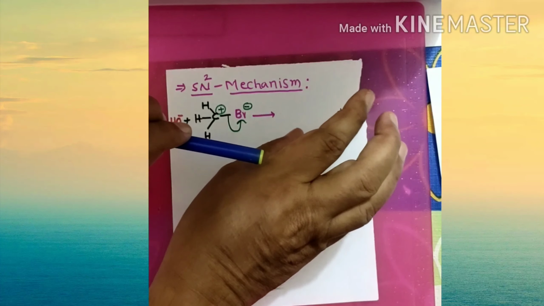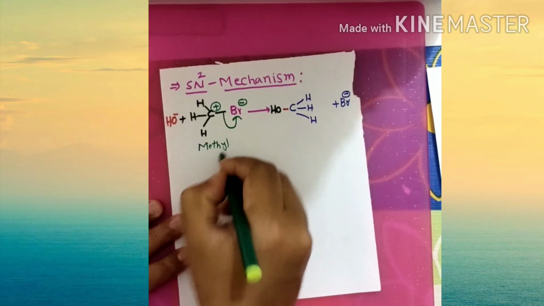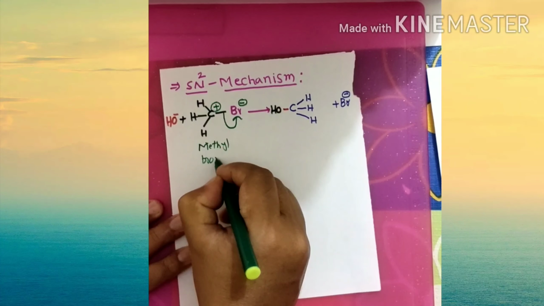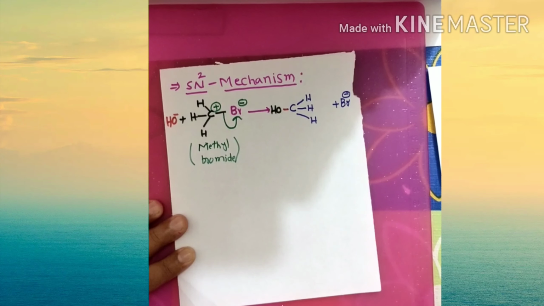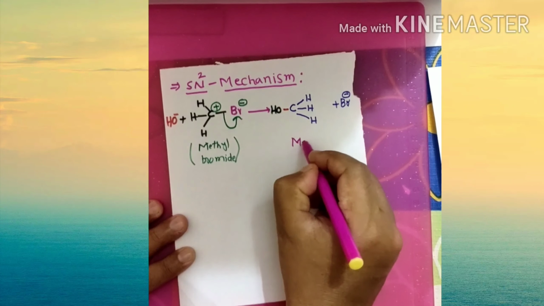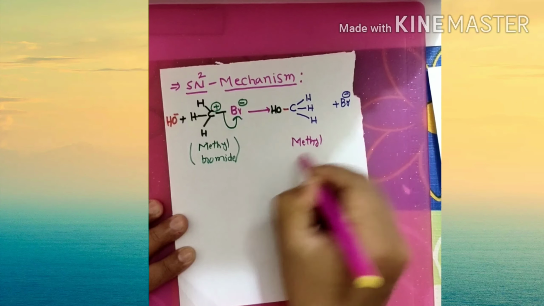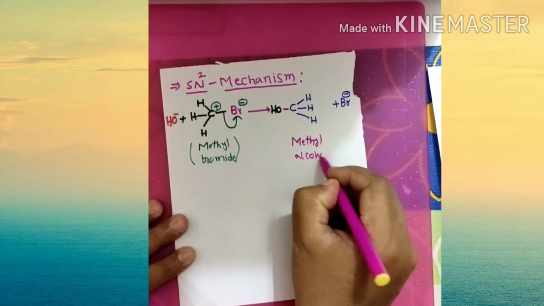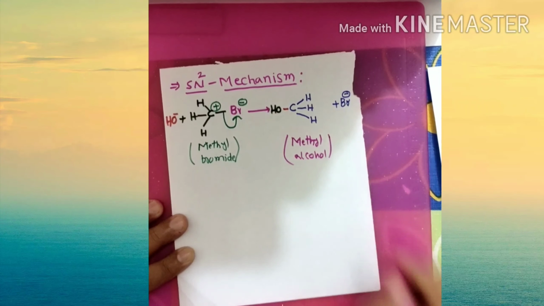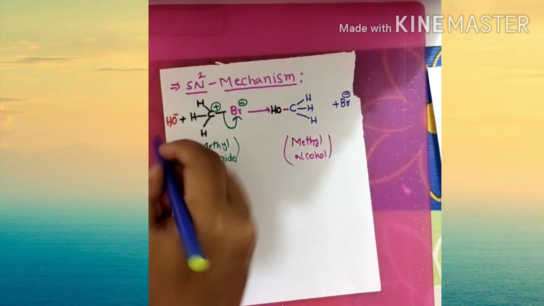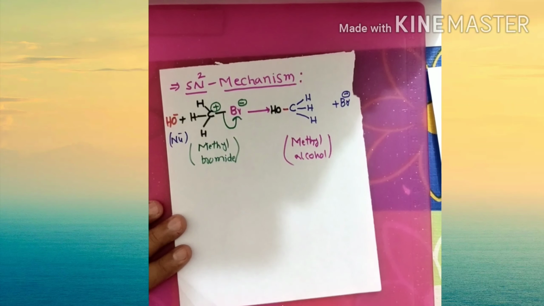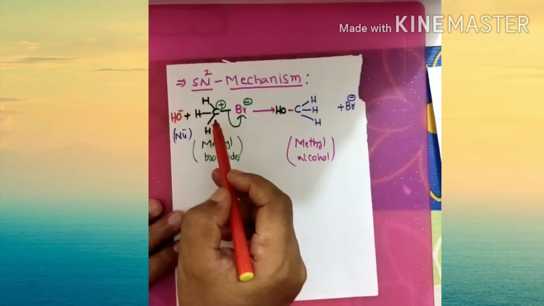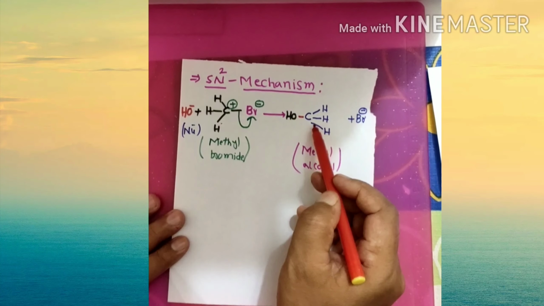So methyl bromide, and this is methyl alcohol, and here we have the nucleophile. And see the reagent and the product.